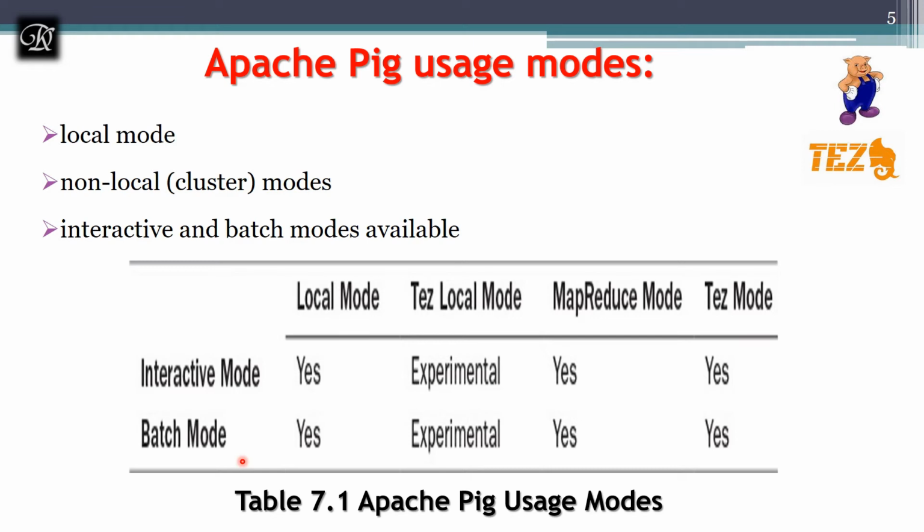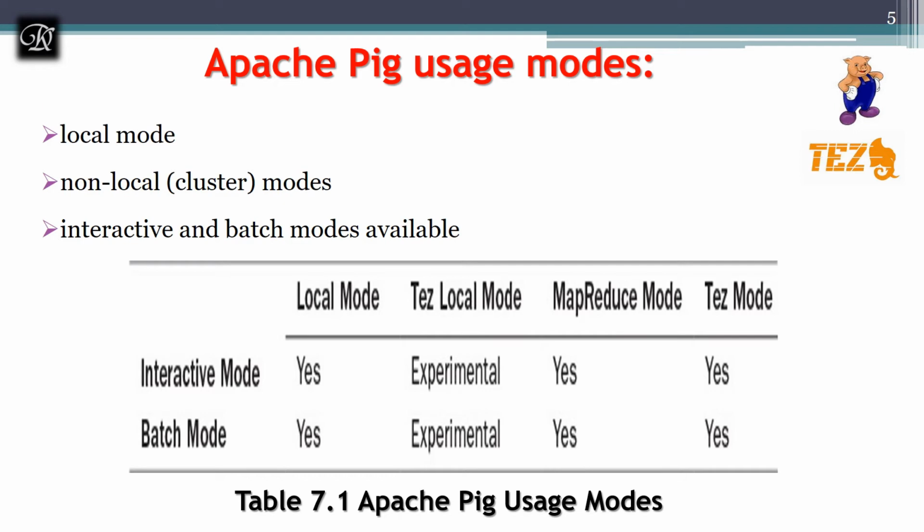Similarly, I told you about start-all.sh, which is also a shell script, when I was explaining the configuration of Hadoop. At that time I told you it's going to run multiple commands to start the daemons of Hadoop, right? Similarly, here also we can perform batch processing where all the scripts are coded in a single Pig Latin file, which has an extension of .pig, and these files are directly executed on HDFS so that we can get the desired answers.